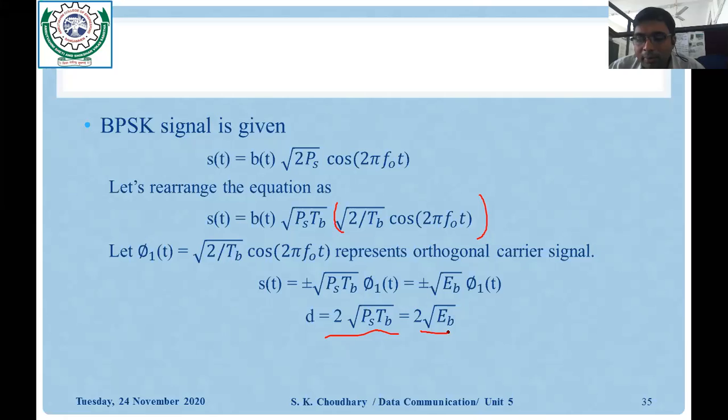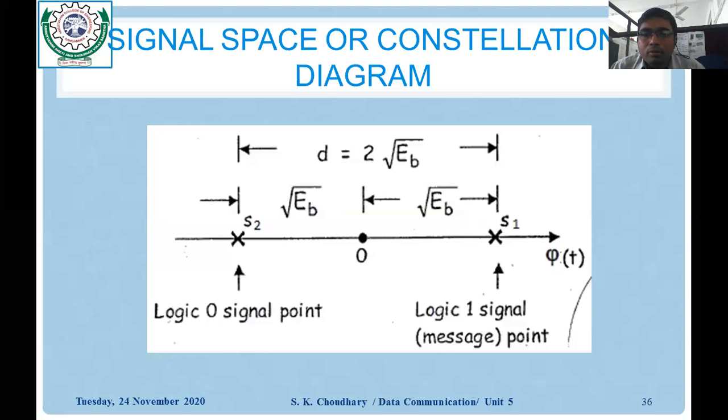So how does this come about? That is very clear from this signal space diagram. You can see one of the signals represents the binary 1 or logic 1, that is S1. It is on the reference axis, the right hand side of phi t, the orthogonal carrier signal.